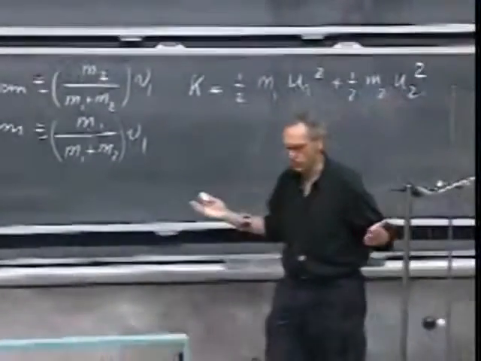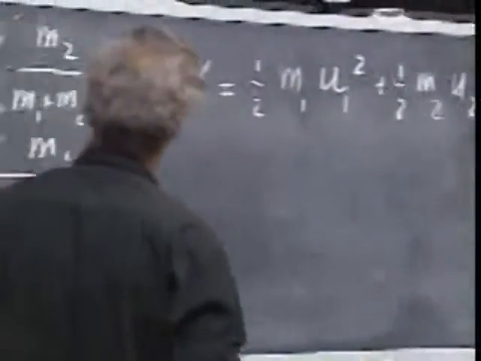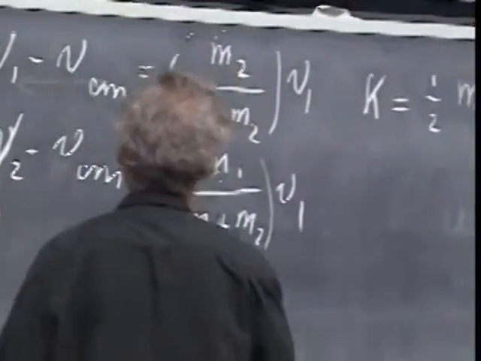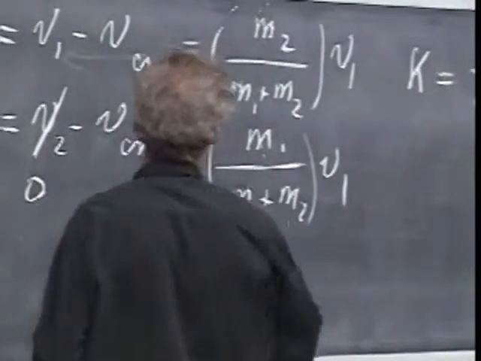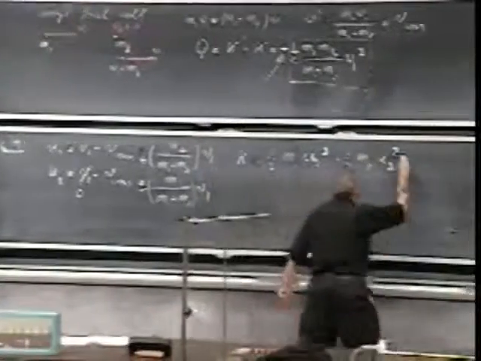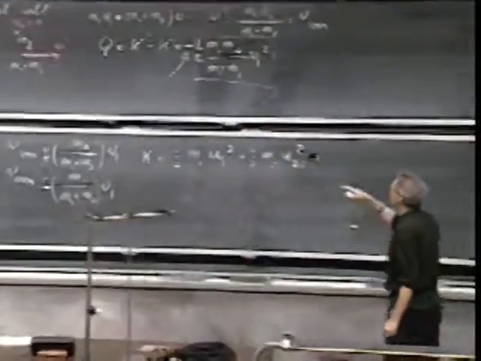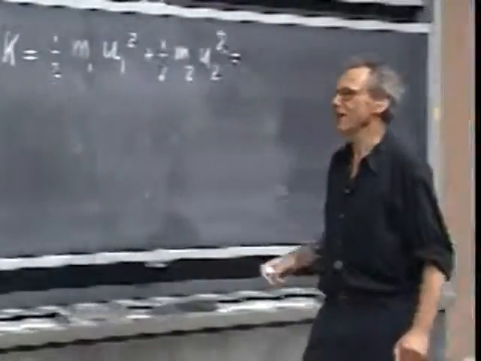That's all we have before the collision occurs. Oh, by the way, this is not a minus. This is a plus sign, and this is a minus sign. This one comes this way, and this one goes in that way. Now, I can calculate that for you. You know U1 and you know U2. If there's a plus or a minus sign, it makes no difference because they cancel anyhow.